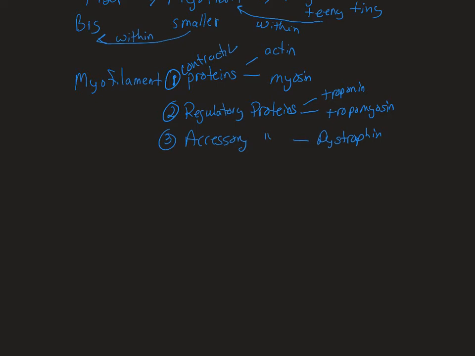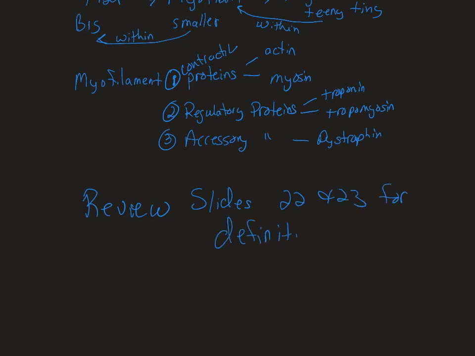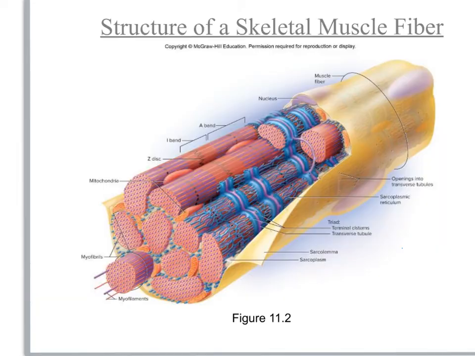What I want you to do is review the PowerPoint. I've got two slides in there on the myofibril structure that give you the definitions. Review slides 22 and 23 for definitions. But I'd rather go ahead and start talking about the pictures than try to read off a bunch of definitions. So let's go on and look at pictures now.